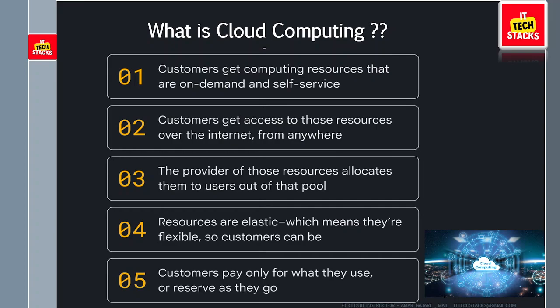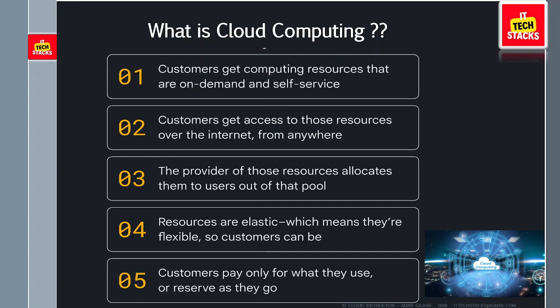Third one is the provider, in our case Google. Those resources are allocated to users from a pool. So you need not worry about how much the provider can provide. They have a huge pool of hardware, software, resources, and services, and they can provide as much as you need. Suppose I purchase 1 TB of database, what if the provider does not have more?